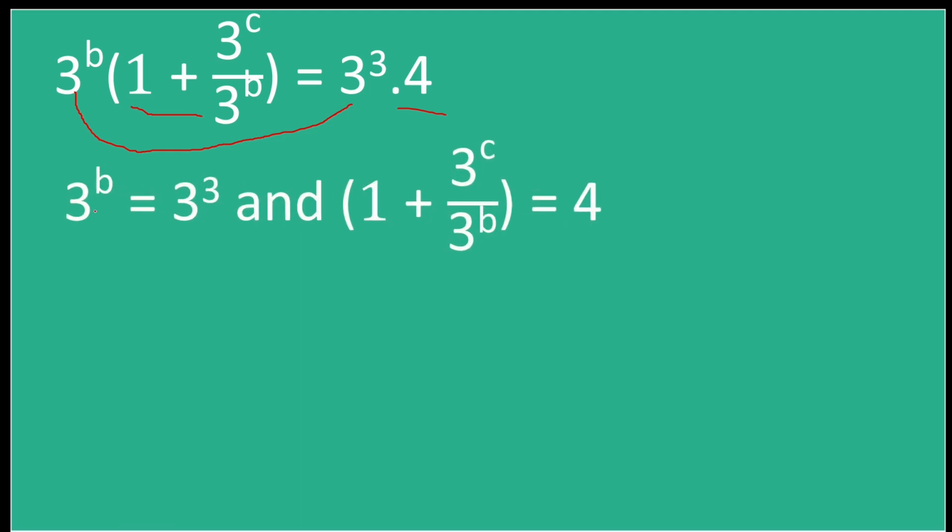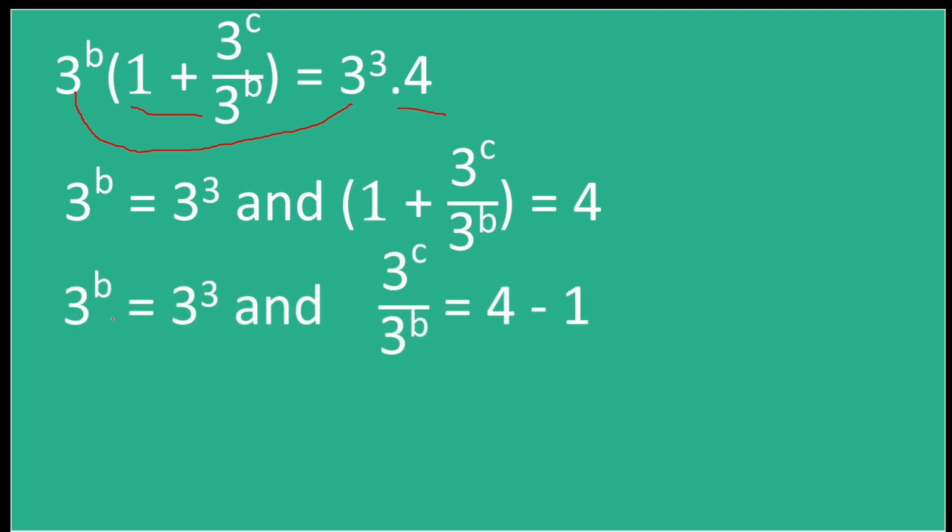So let's do this. So 3^b equals 3 cubed, and here 1 plus 3^c divided by 3^b equals 4. Here we again have the same bases, so we can compare the exponents. So 3^b equals 3^3, and for this value we will subtract 1 on both sides.